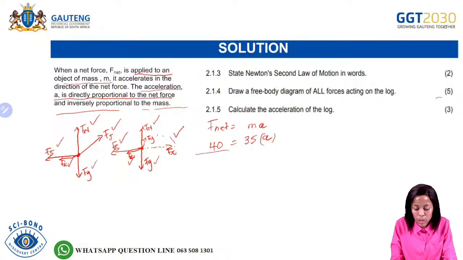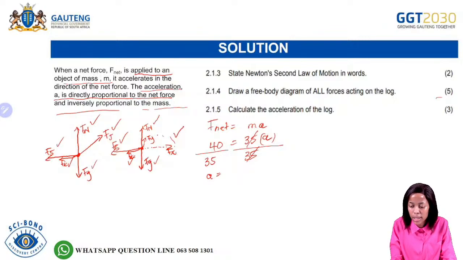So that means that you would have to get rid of the 35 on the right hand side. So you are going to divide by the same 35 on both sides. On the right hand side you are then left with acceleration, and you are able to use your calculator to find the magnitude of the acceleration.